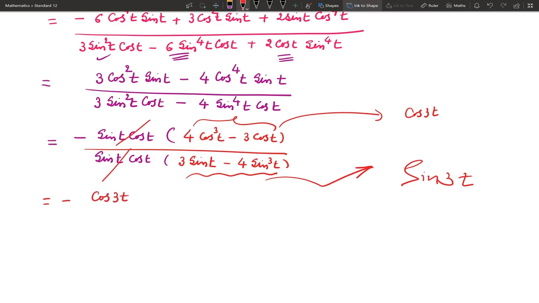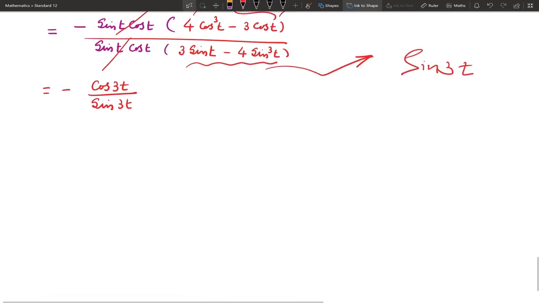So here we can simplify: this is minus, the numerator is cos 3t, the denominator is sin 3t, so this is nothing but minus cot 3t.